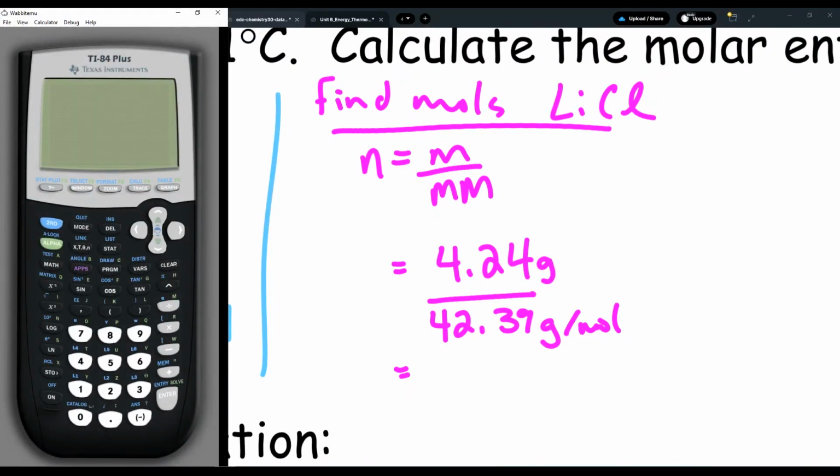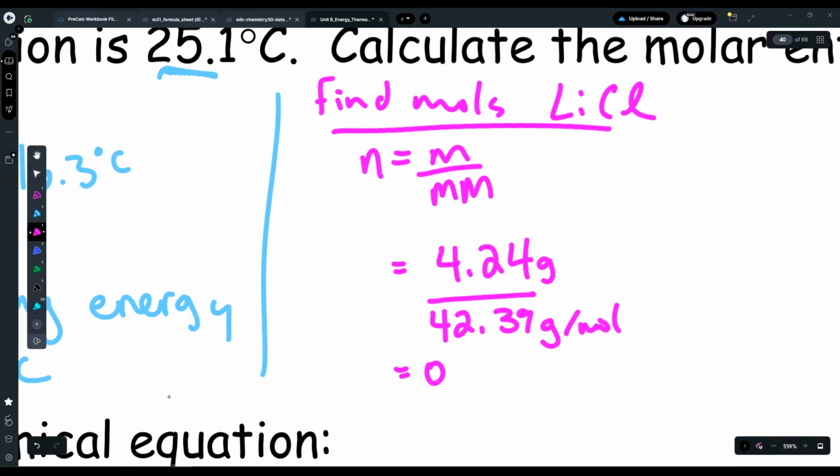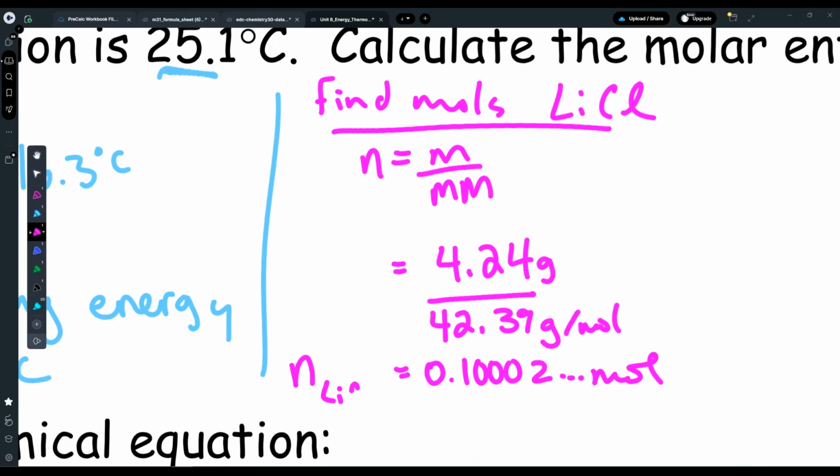If we divide 4.24 by 42.39, we get 0.10002, which goes on forever. So this is the moles of lithium chloride.